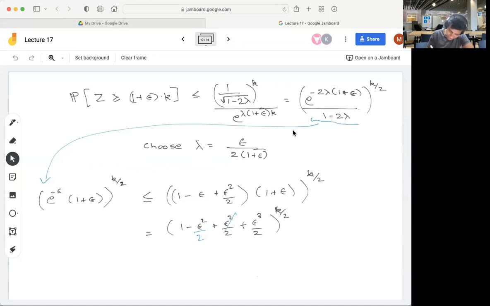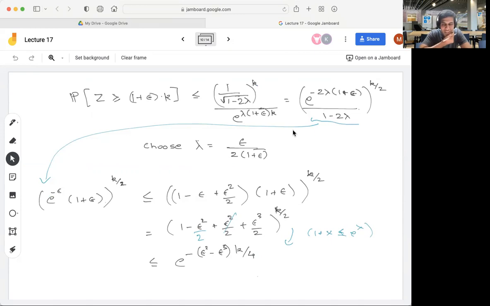And again, using the fact that 1 plus x is less than or equal to e to the x, you get that this is less than or equal to e to the minus (epsilon squared minus epsilon cubed) over 2. Here we used 1 plus x is less than or equal to e to the x. Okay. Any questions so far?